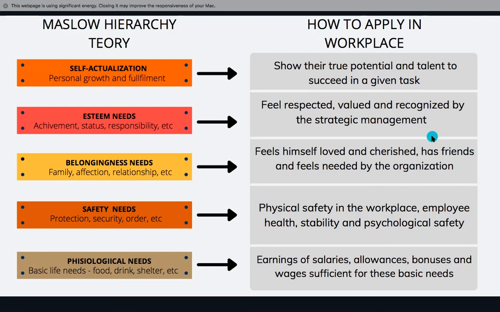So the fourth level is esteem. This is the fourth stage in this theory after physiological, safety, and belongingness. At this stage, the need for self-worth or self-esteem plays an important role in motivating an individual to work hard. This is the need for an individual to feel respected, valued, and recognized by the strategic management of the organization.